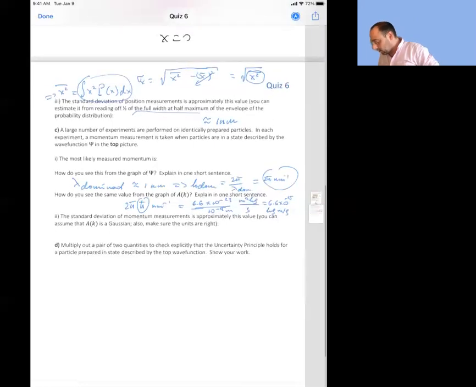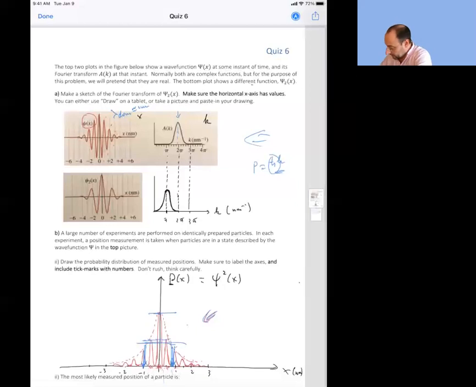The standard deviation of momentum measurements is approximately this value. Again, you can assume that A of k is Gaussian. Also make sure the units are right. Judging the standard deviation by width at half maximum, again, same idea. It's really the width at half maximum of the square of the magnitude of A of k. That's really what gives the probability distribution for momentum.